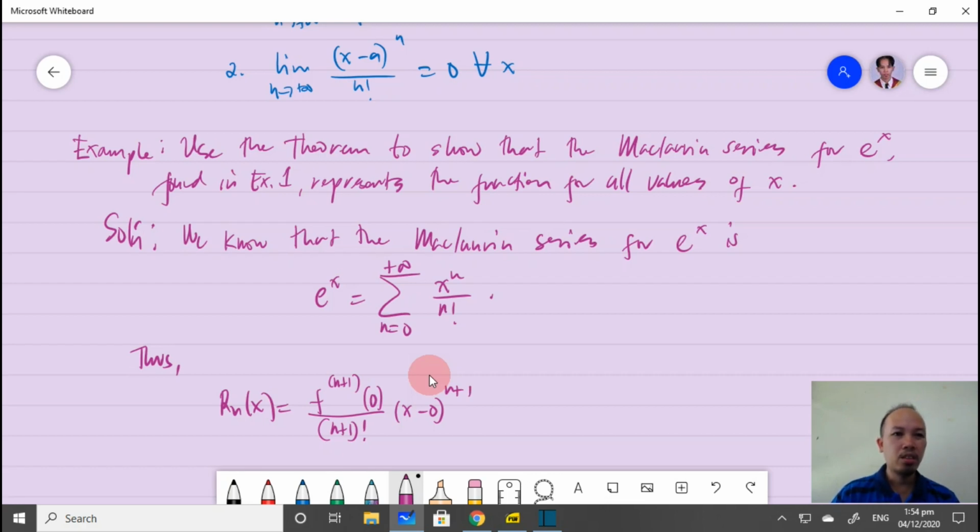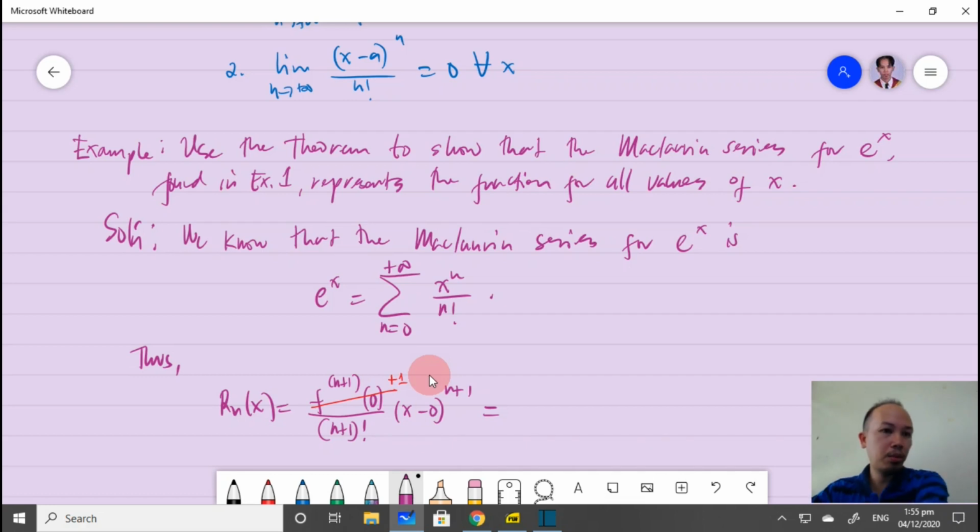So what's the nth derivative here? We know that it is 1, because the derivative of e to the x is e to the x evaluated at 0, which is 1. So the numerator is positive 1.